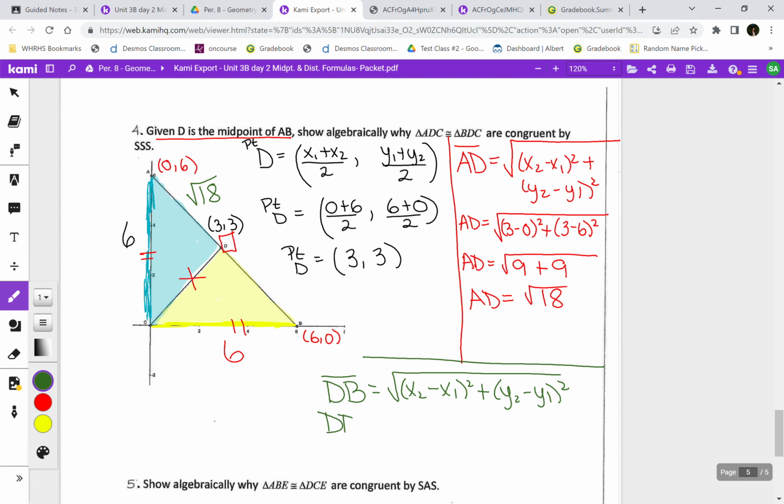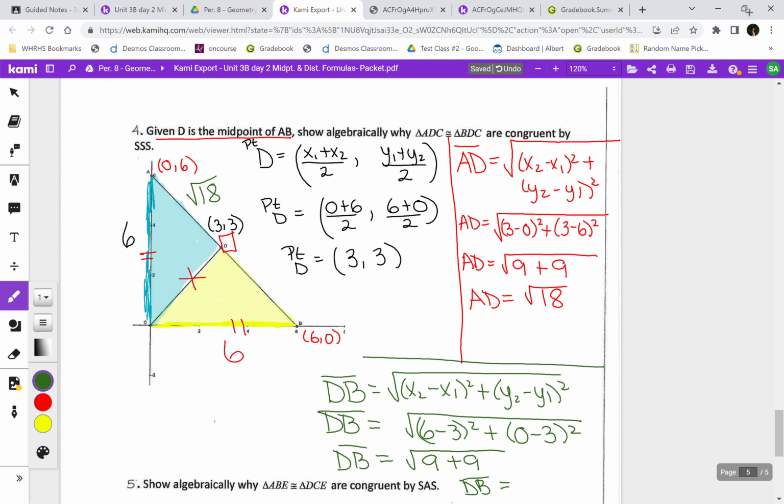We're going to plug in, and we're going to have 6 minus 3 squared plus 0 minus 3 squared. That's going to equal the square root of 9 plus 9. Isn't the square root of 9 plus 9, again, the root of 18? So did we show these triangles are congruent algebraically by side, side, side? Yes.